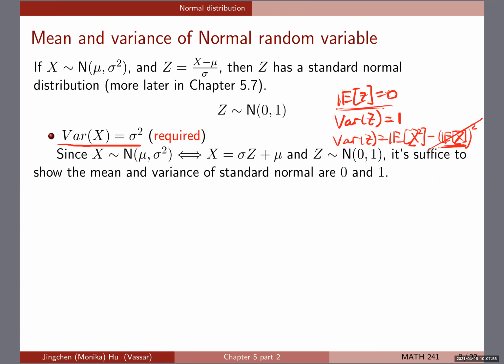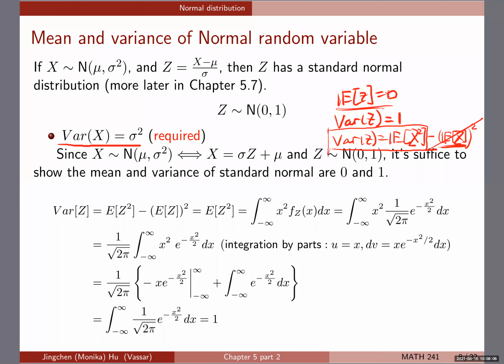So pretty much we need to show the expectation of Z squared. Let me actually show the result here and then walk you through. The variance of Z is the expectation of Z squared minus the square of the expectation of Z, and we know that this is 0, so it becomes this.